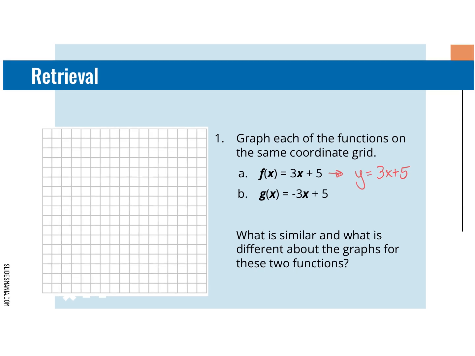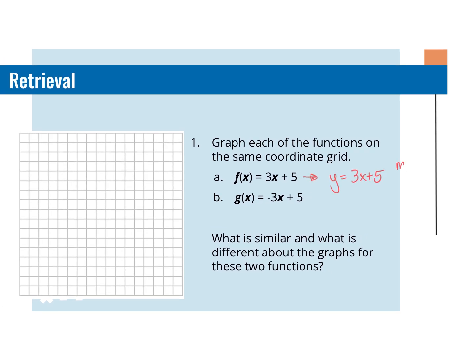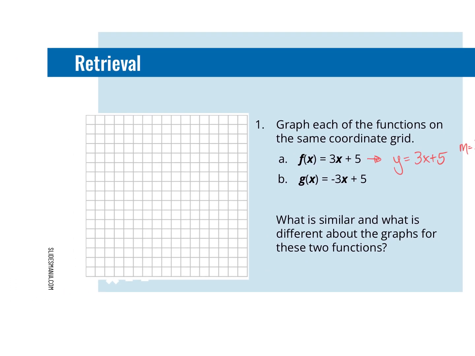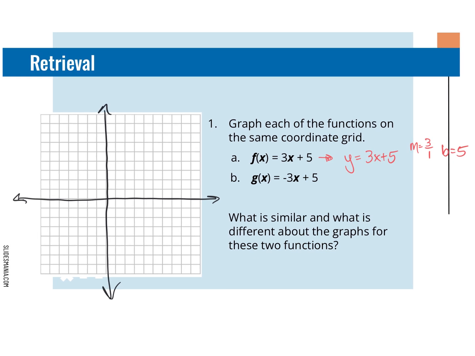If we look at this piece of information, my slope is 3/1, my y-intercept is 5. I'm going to go ahead and put my x and y-axis on here because I don't have one. So if I was graphing f of x, or the red stuff, my y-intercept is 5, so we're going to go up to 5: 1, 2, 3, 4, 5.